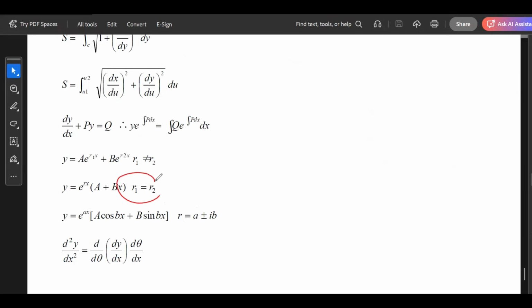Or we can have r1 being equal to r2, but in our case, r1 and r2, they are not equal. So this is the one that we are going to use in our presentation of our complementary function. So from those solutions, we find the complementary function.